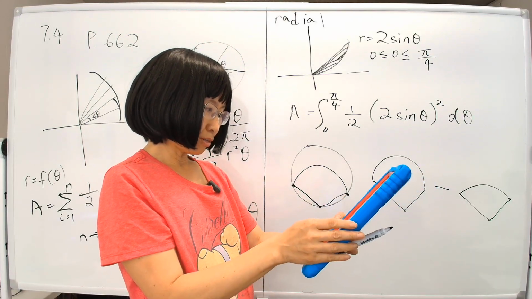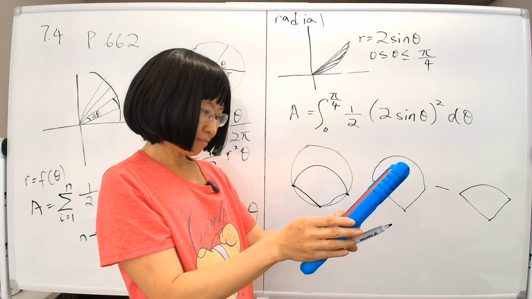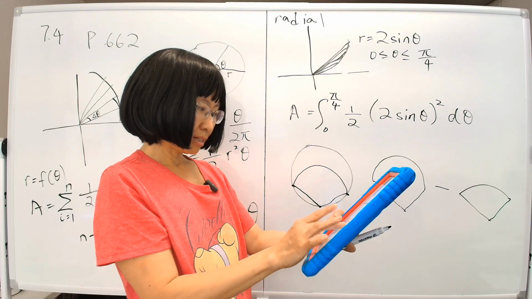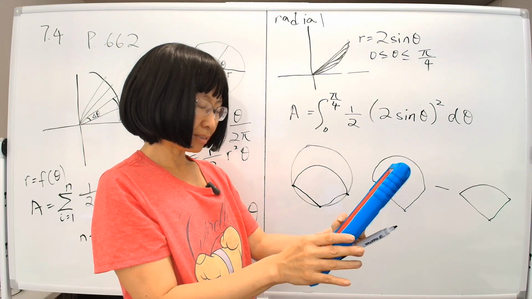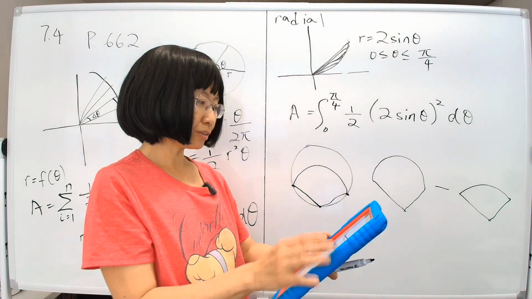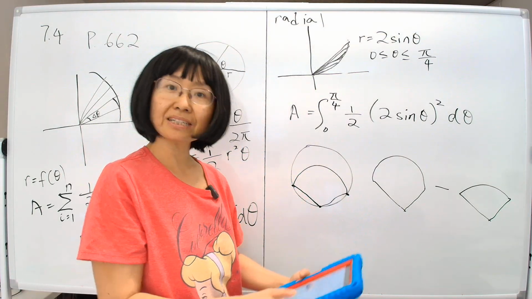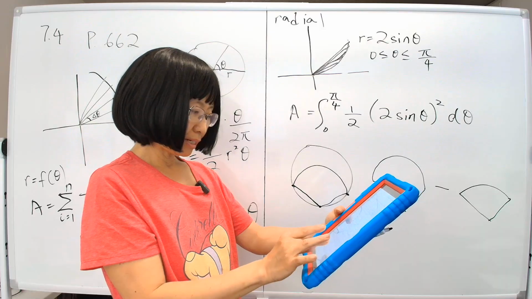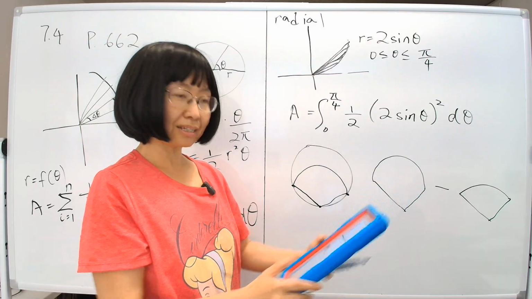Now there is one point that you have to mention, sometimes, let's see, where does the book mention it? Okay, now let's go to the bottom of the following page, page 666, where it mentions an interesting point.